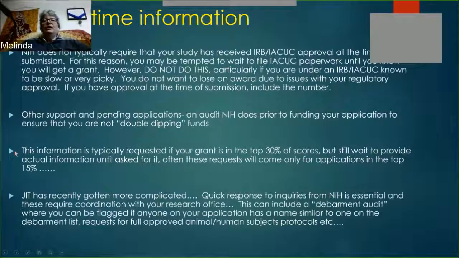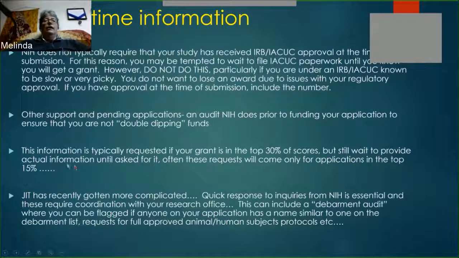Now, NIH will automatically request this information if your grant is in the top 30% of scores. But generally, go ahead and wait to do the just-in-time until they actually ask you for it in person by email, because often they're only going to fund the top 15% of applications.